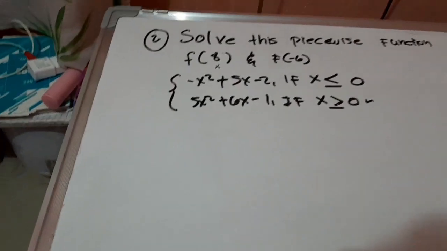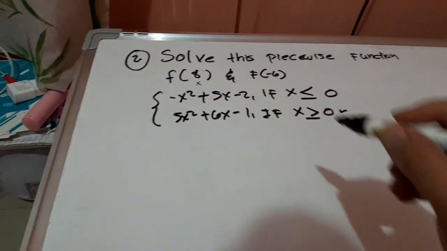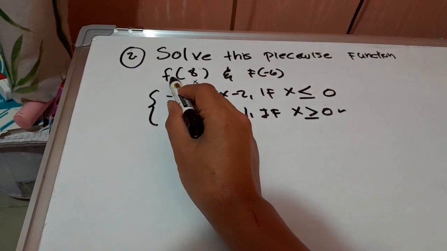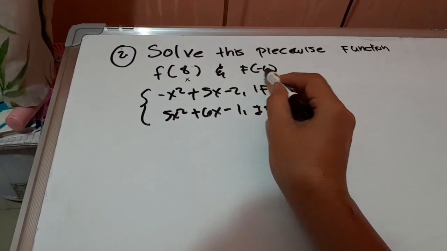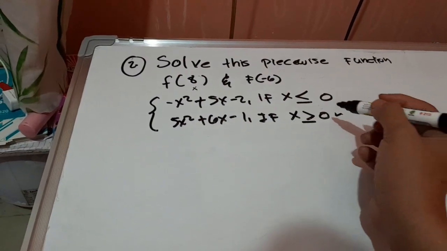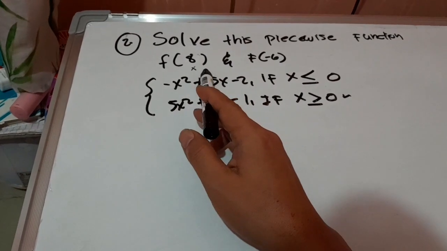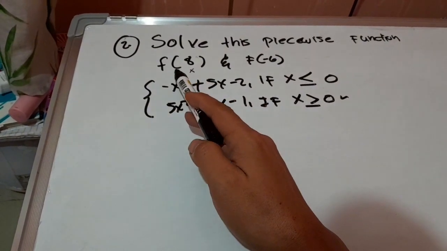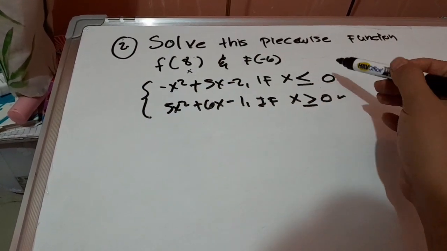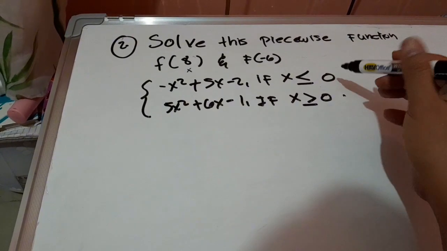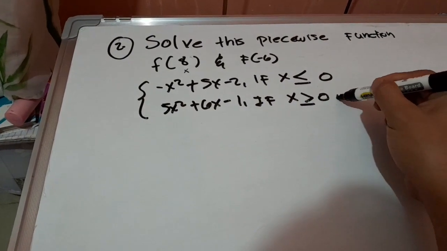Okay, so let us solve the number 2. The value of f of 8 and the value of f of negative 6. Since 8 is greater than 0, then we have to use this formula.